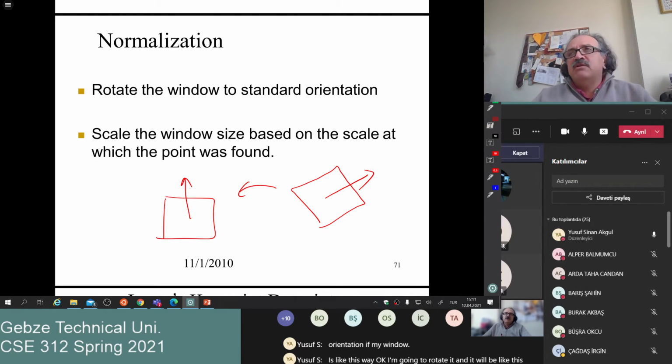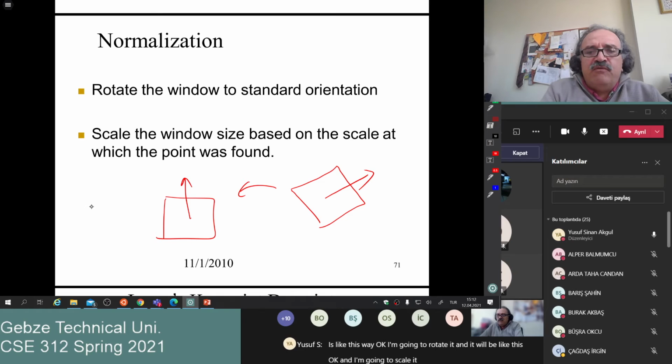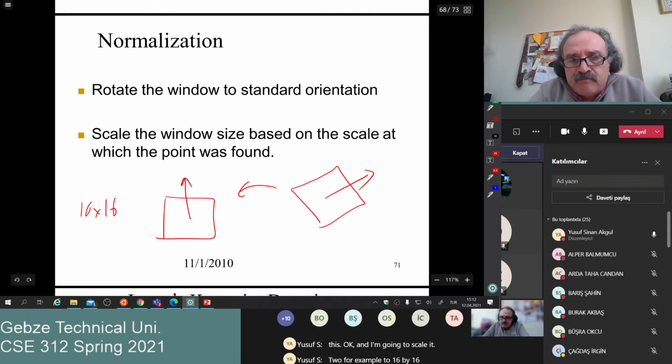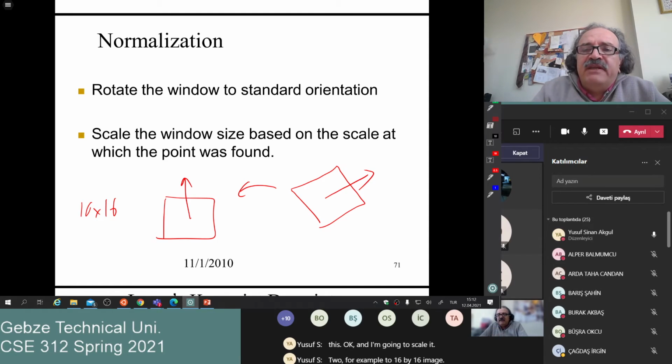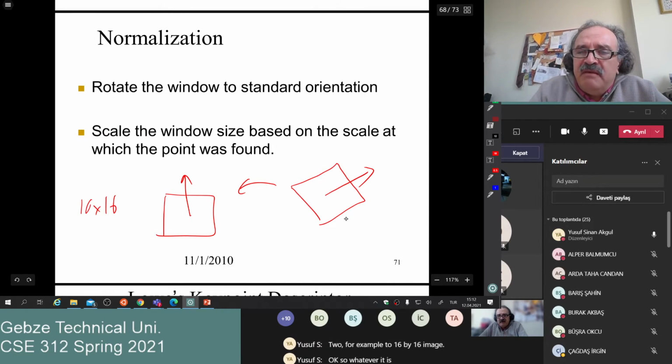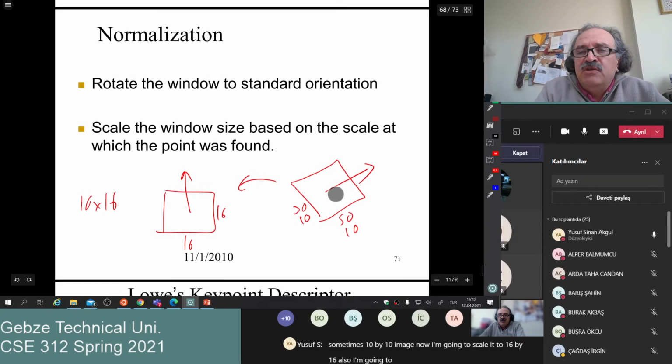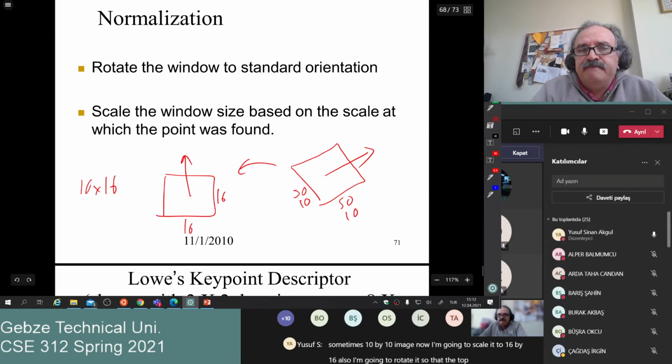And I'm going to scale it to, for example, a 16 by 16 image. Whatever it is, this could be maybe 50 by 50, or sometimes 10 by 10. Now I'm going to scale it to 16 by 16. Also, I am going to rotate it so that the top part is up.